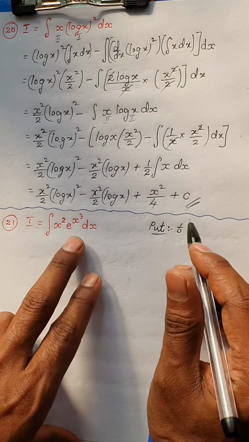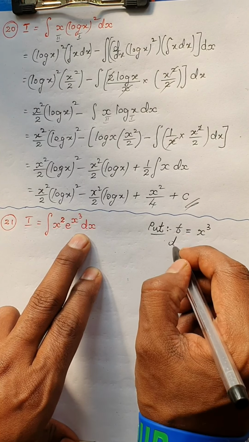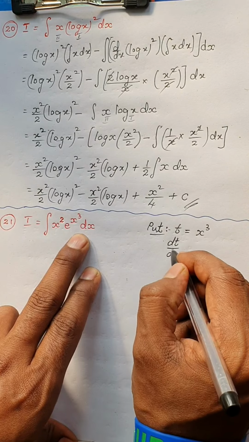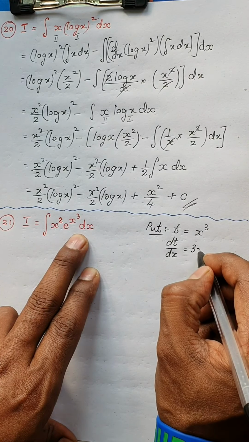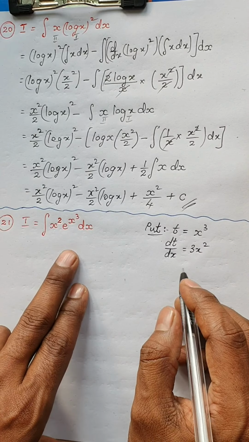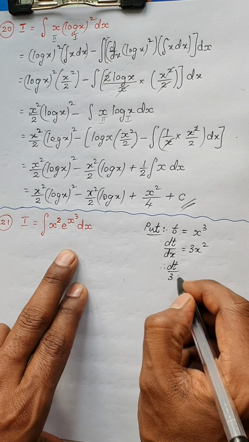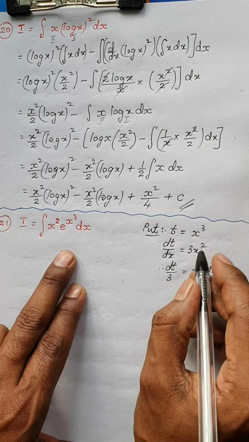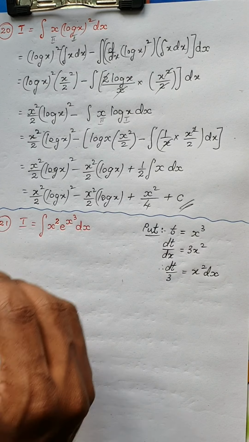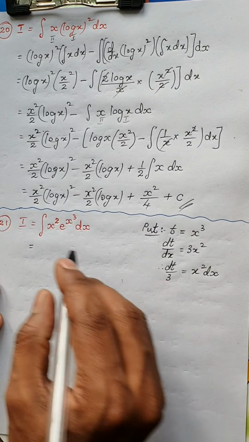So let me put t as x cube. Differentiate with respect to x. You have dt by dx is nothing but, now what is the derivative of x cube? We know the derivative of x cube is 3x square. Therefore, rewriting this, dt by 3 would be x square into dx. This is the substitution part. Therefore, the integral becomes, x square dx is nothing but dt by 3.